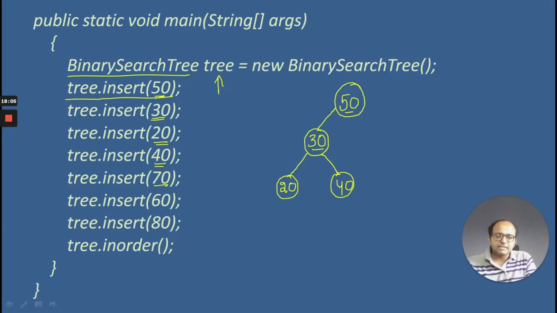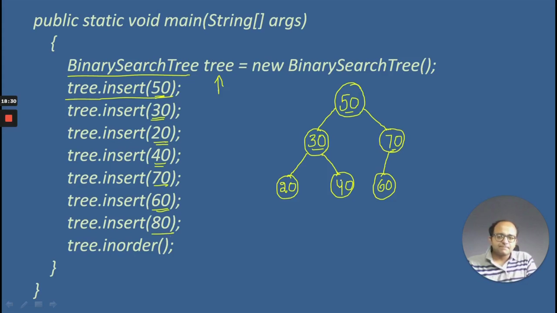And then 70 is compared with 50, 70 is greater than 50, so it will be placed as the right child to this binary search tree. And then 60 is compared with 50, 60 is greater than 50, and then 60 is compared with 70, 60 is less than 70, so 60 will be placed as the left child to this node.